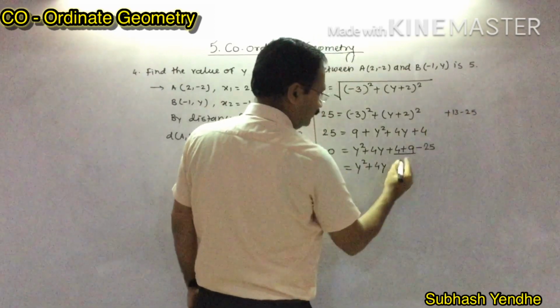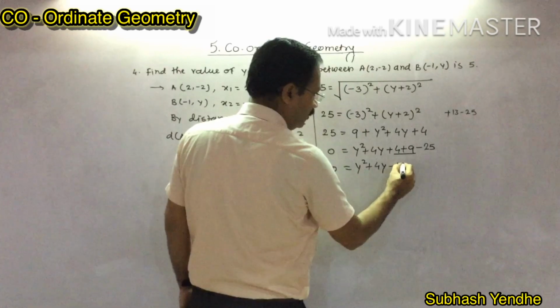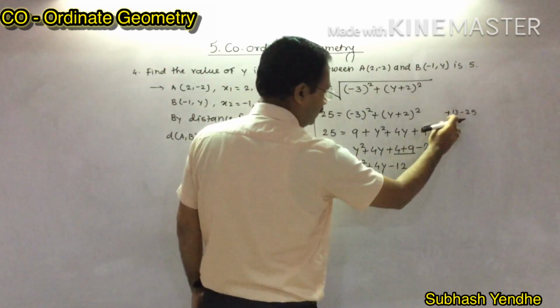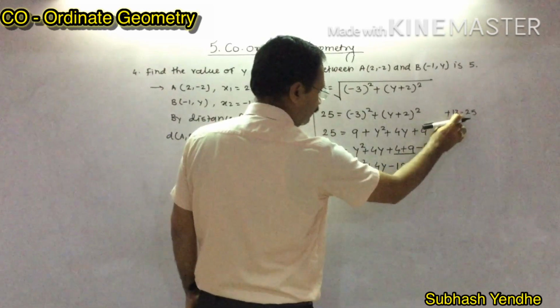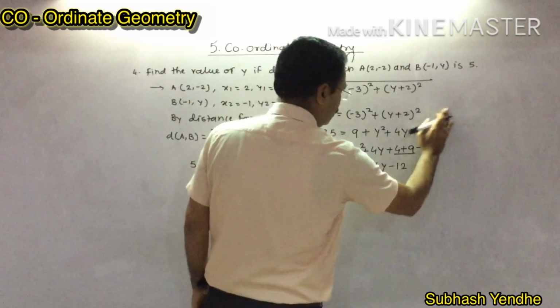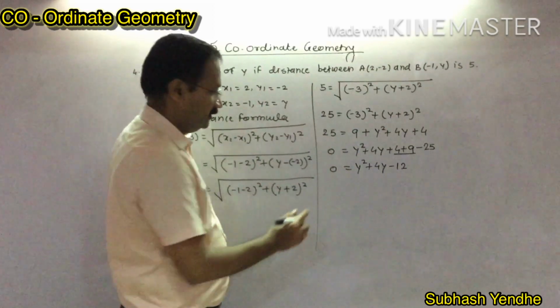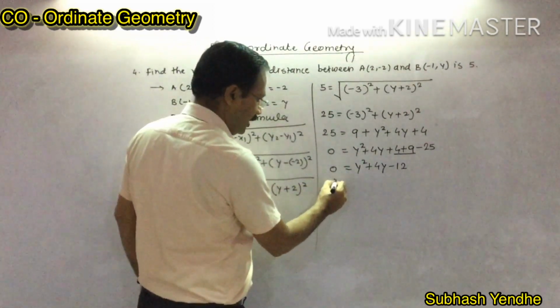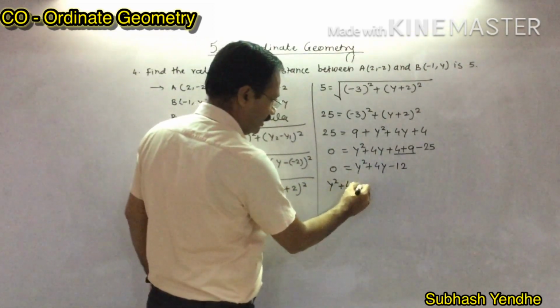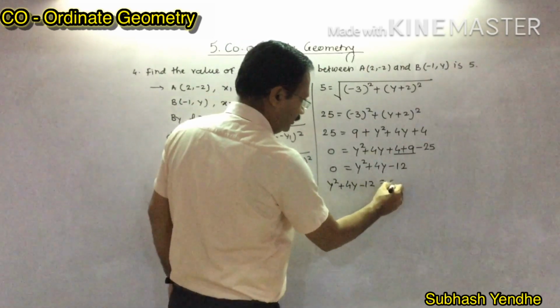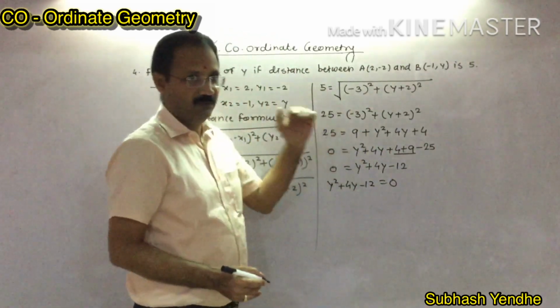Signs are different, so subtract and give the sign of the larger number. 25 minus 13 is 12, and the sign of the larger number. So what is this? This is nothing but a quadratic equation. So we write y² + 4y - 12 = 0.